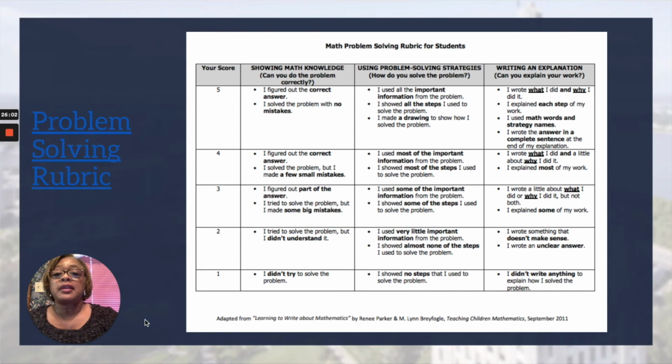If most of the time I'm very good at doing the problem correctly, but did I show all of my steps or my drawings? If that was something that was very important with showing my work, because sometimes you're asked to do that, are some things I need to improve in that area. Notice what happens when it says writing an explanation.